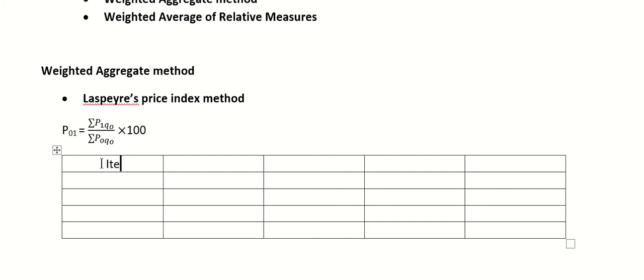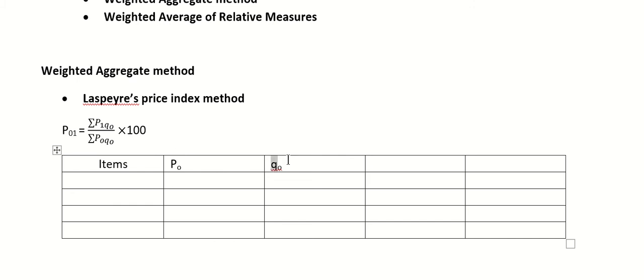First is items, then we have P naught, then we have Q naught, then we have P1 and Q1.